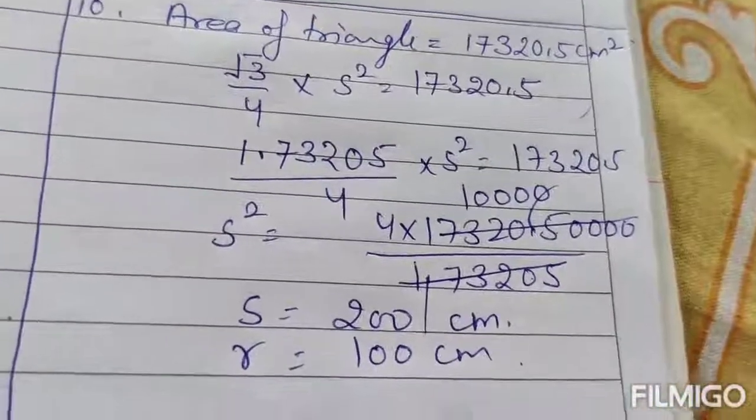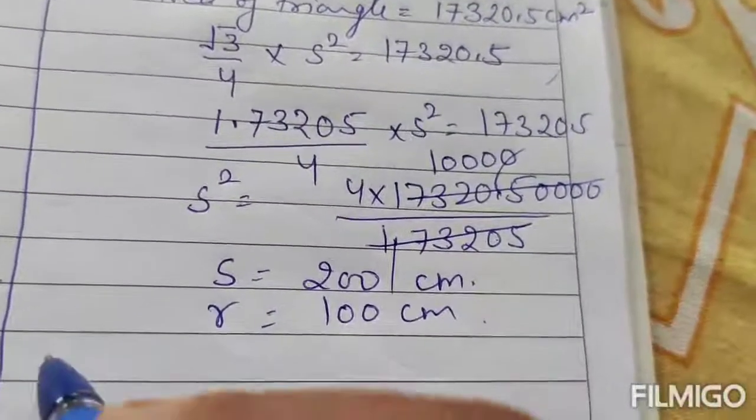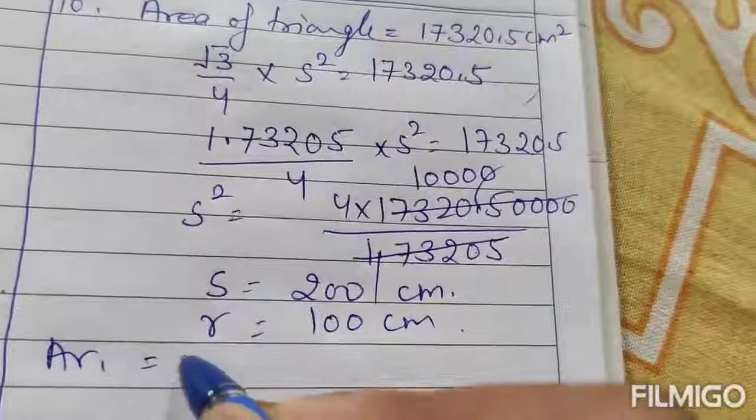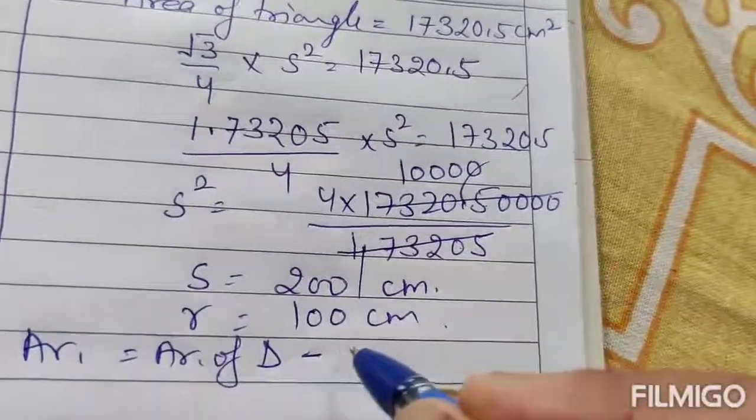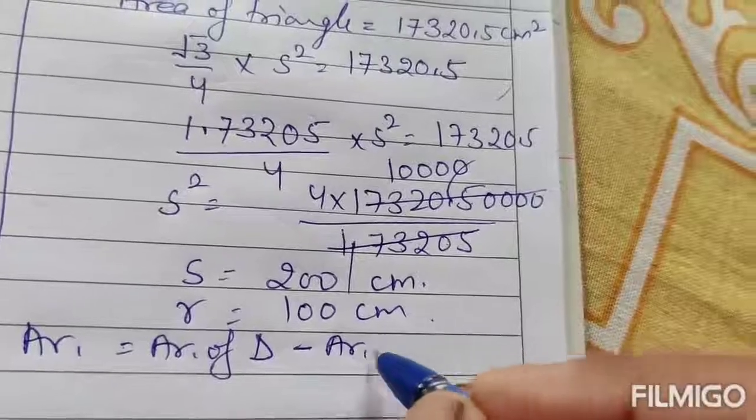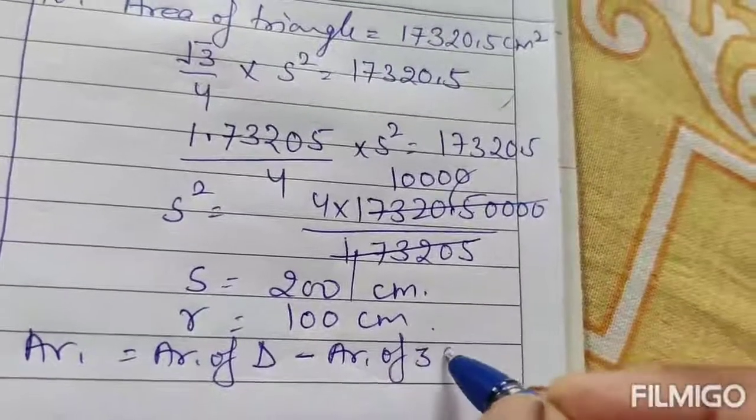Now find the area of the shaded region. Area of shaded region equals area of equilateral triangle minus area of 3 sectors.